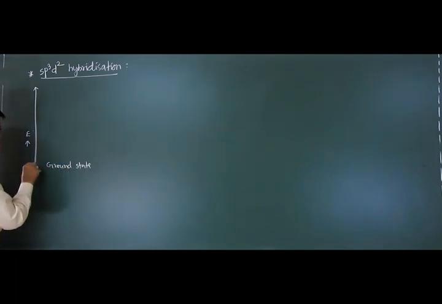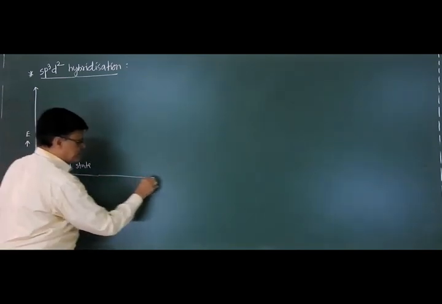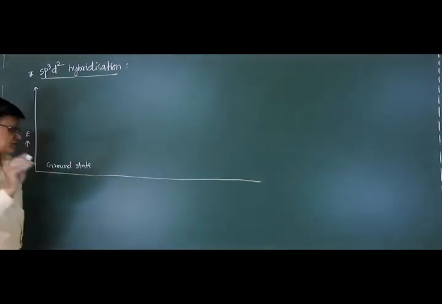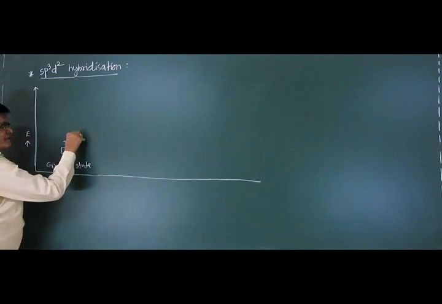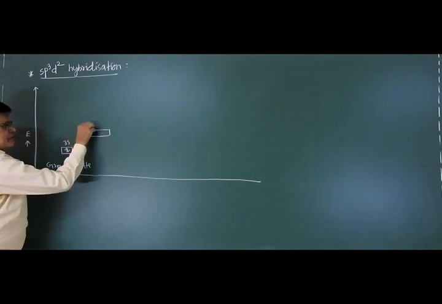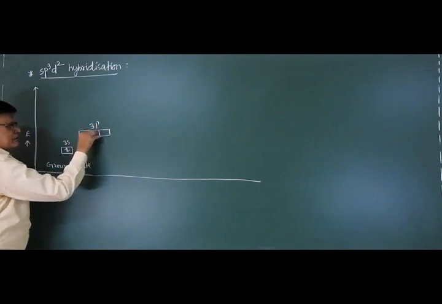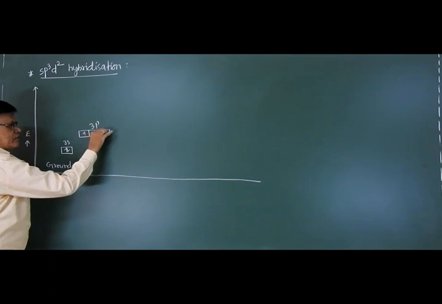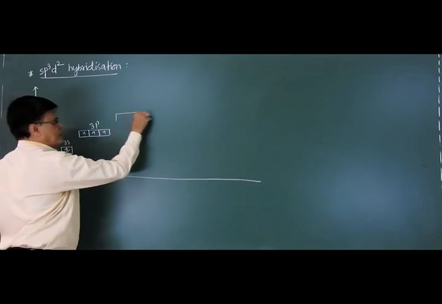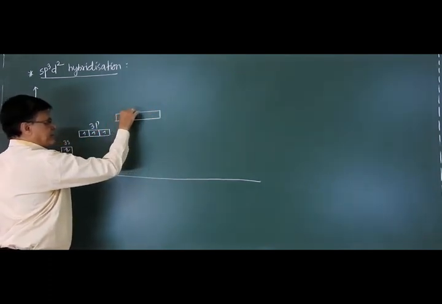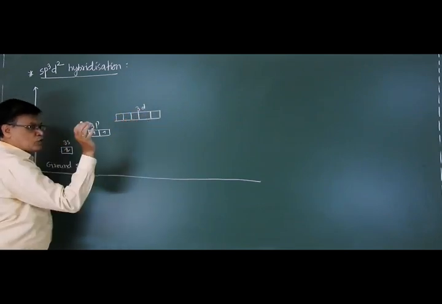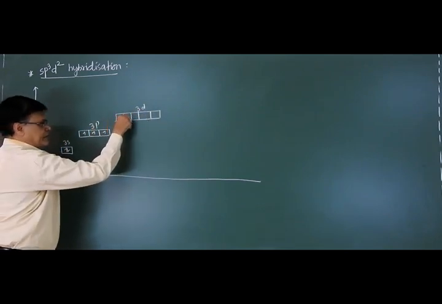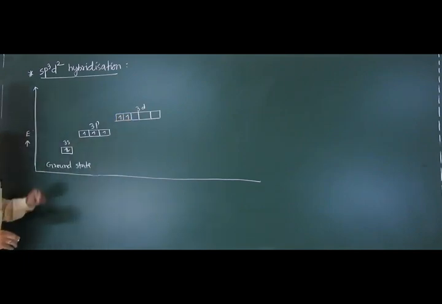In the ground state, 3s having 2 electrons, 3p having 3 electrons, then 3d with 5 orbitals having no electrons. This is the ground state.